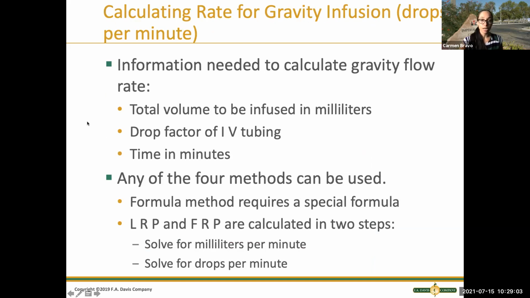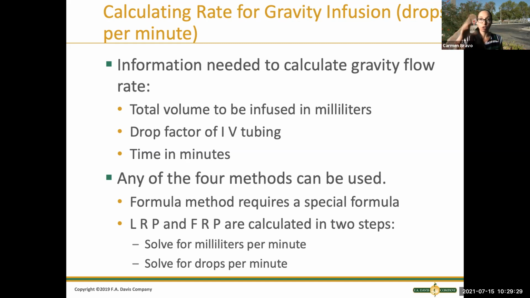And in order to calculate the drops per minute, it's again utilizing dimensional analysis. It's the same, only that when we set it up, we're going to set up the total. For example, you have to give 1,000 milliliters, and this is the tubing that you have. This is the drop factor.